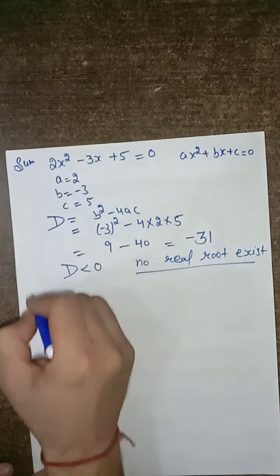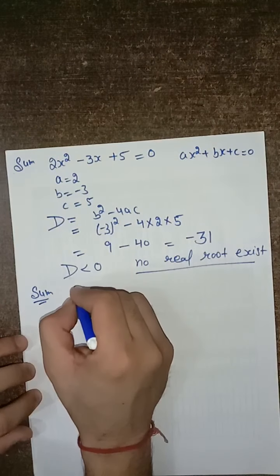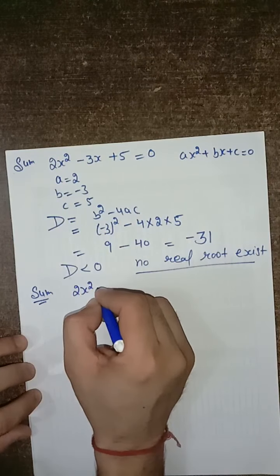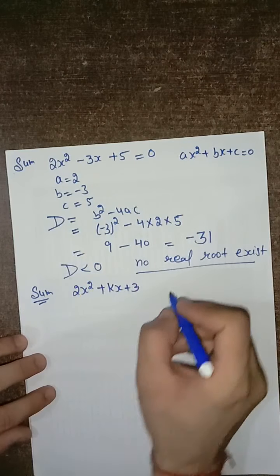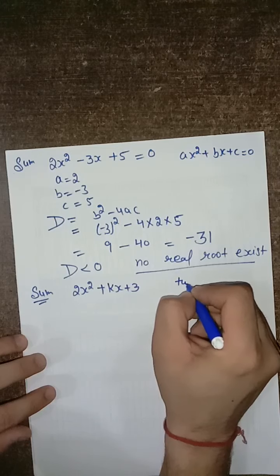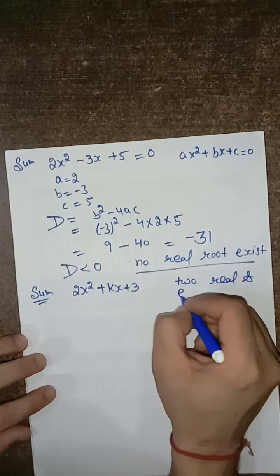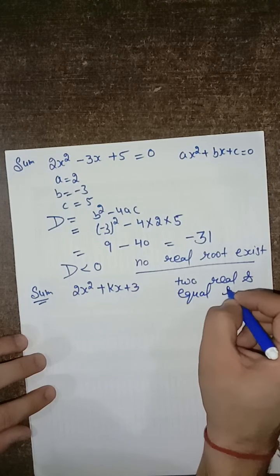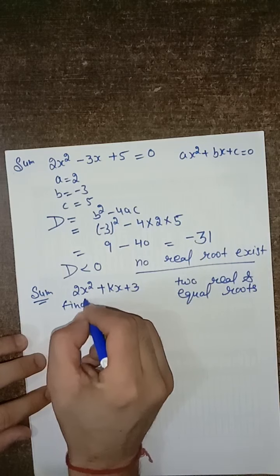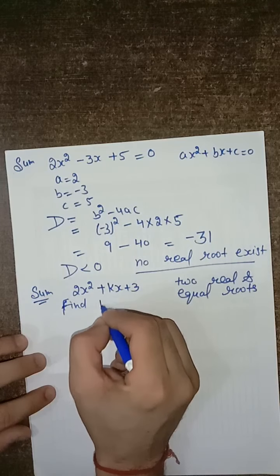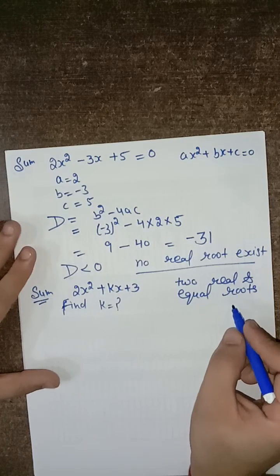And our next question is: find the value of k in 2x square plus kx plus 3 if it has two real and equal roots. Find k if it has two real and equal roots.